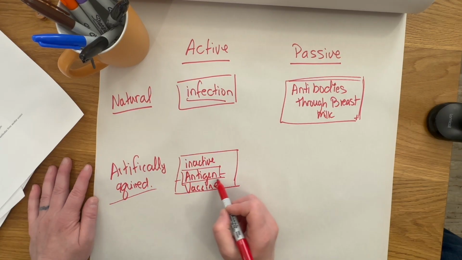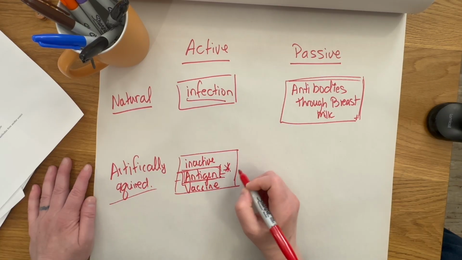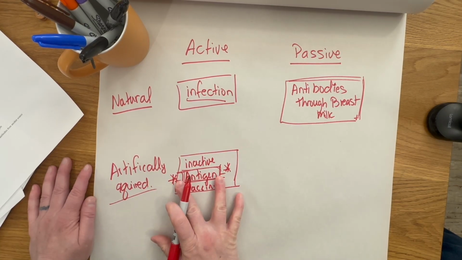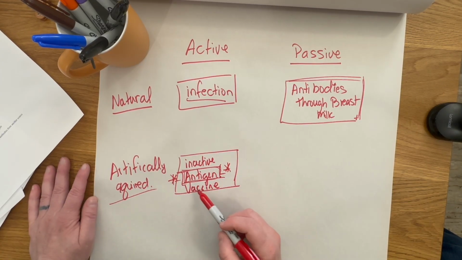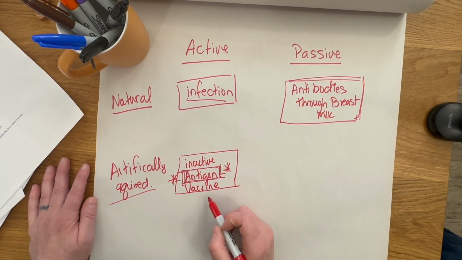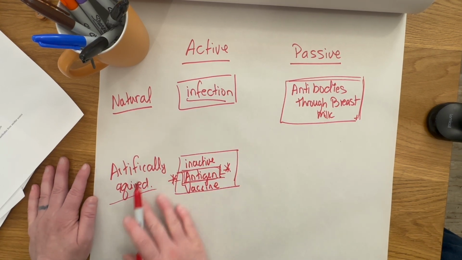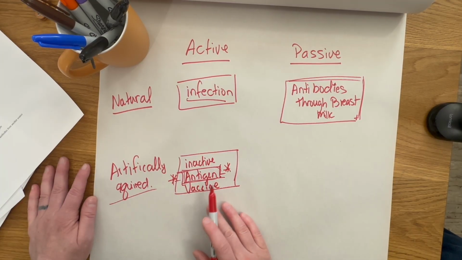Okay, because this antigen got into us, it didn't make us sick, but our bodies recognize it as a bad guy, right? They put up a response to it, and we consequently develop more of an immune response to it. Okay, so artificially acquired active immunity is from these attenuated or inactivated antigens that are present in vaccines.